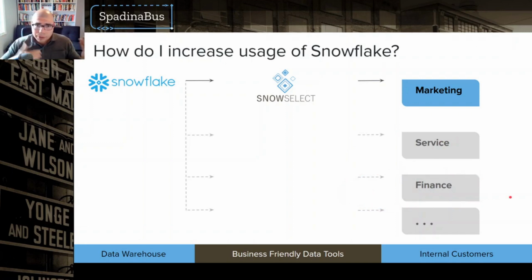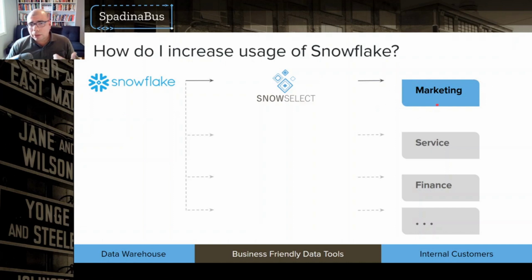Marketing, like these other verticals within the business, they expect business-friendly data tools in order to access what's in that Snowflake environment. Of course, you might have data scientists or business intelligence users that know how to write SQL and know how to get value out of a warehouse like Snowflake. But that isn't always the case.